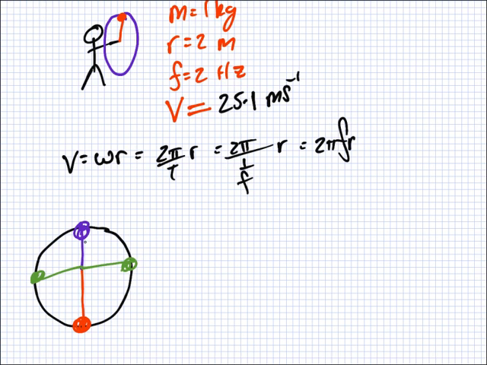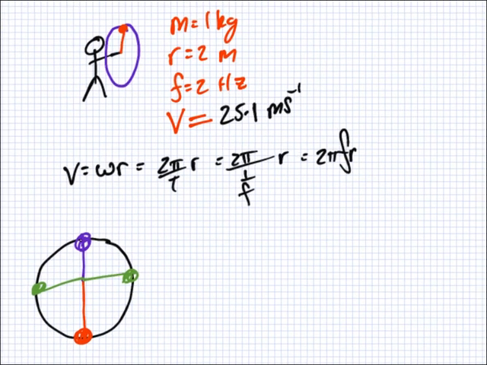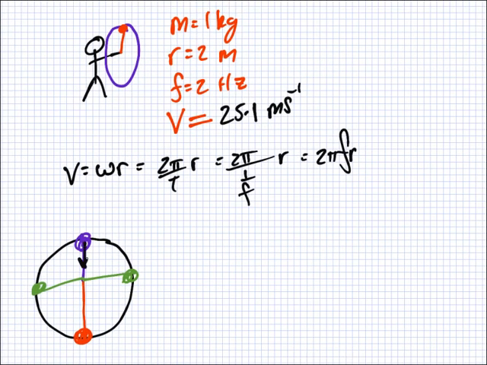When you look at the top, what forces are acting on the mass at the top? Gravity and tension in the string. So there's two forces here, isn't there? There's a weight plus a tension.